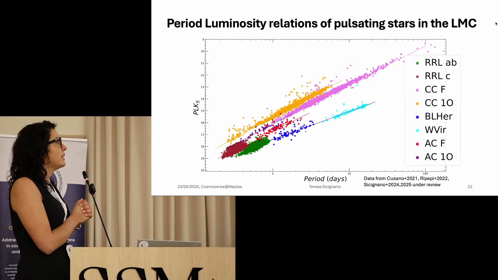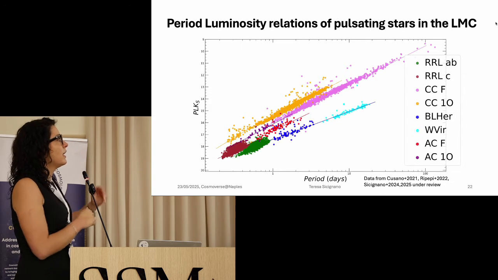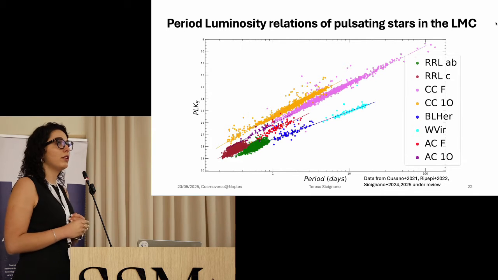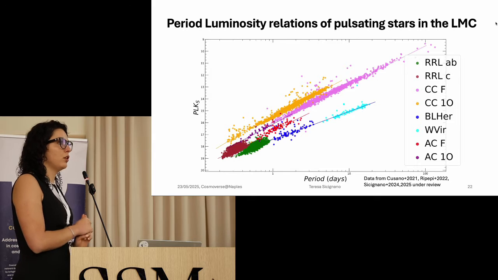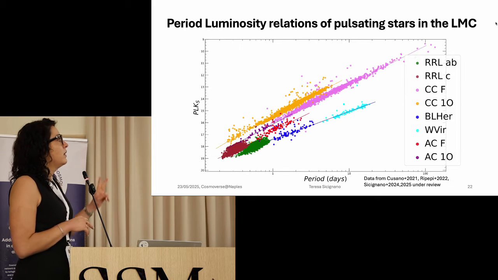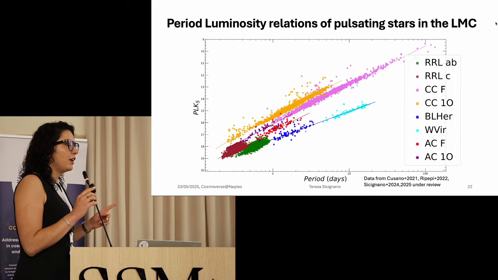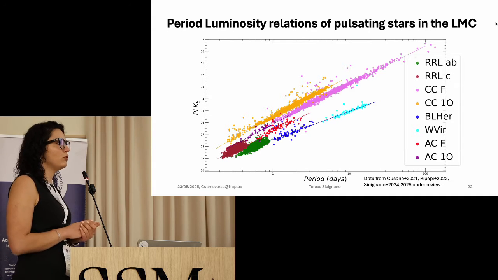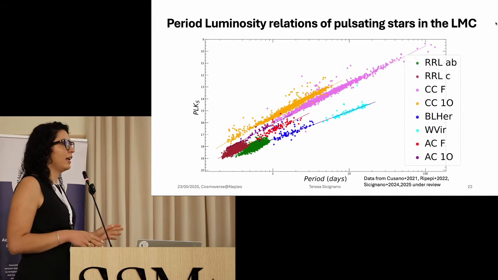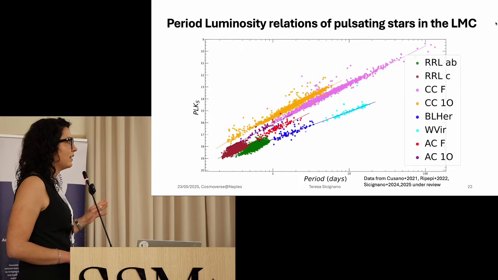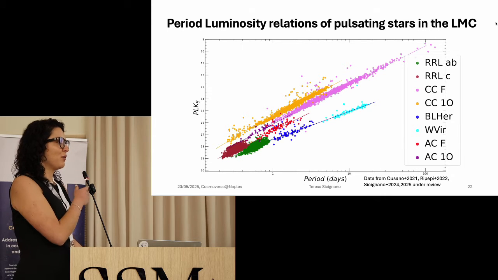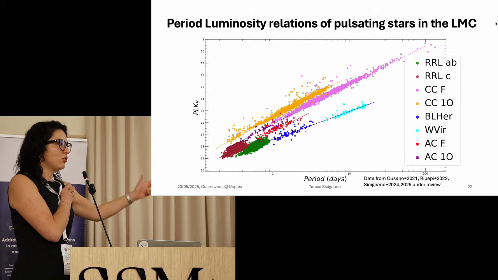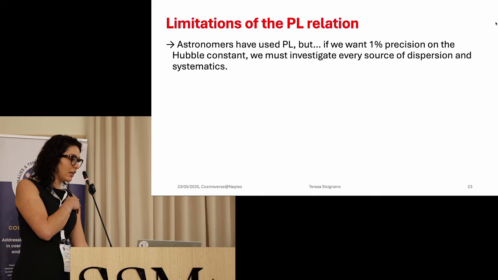But I also want to stress that classical Cepheids, fundamental and first overtone, follow two different period luminosity relations, and that these are all pulsating stars of different ages, and we should not use the same PL, as was done in the past, where the distance scale was confused by mixing population 2 and population 1 distance indicators.